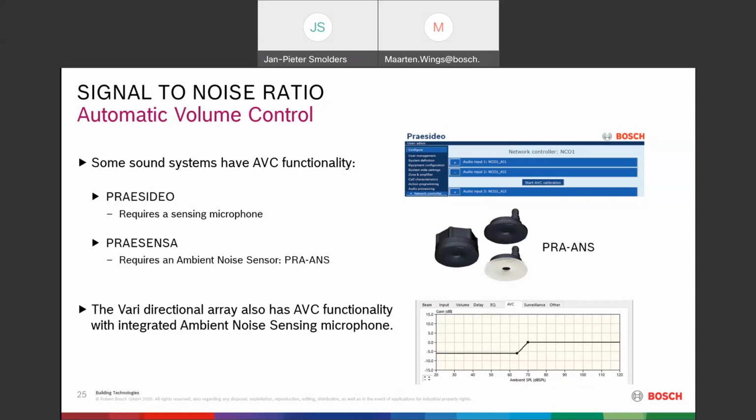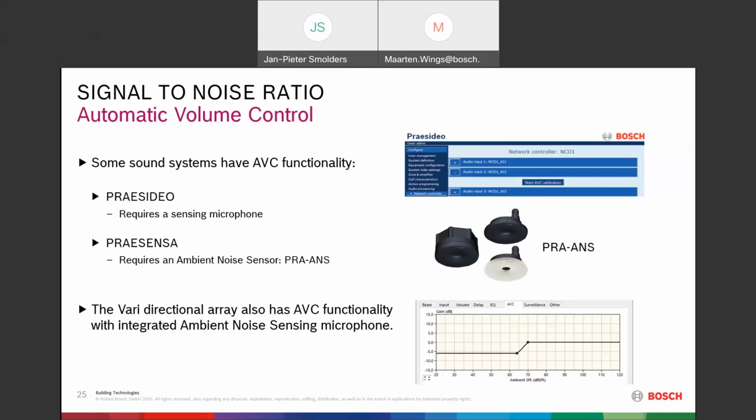Let's say you measure an ambient noise level of 70 dB. Now, if the ambient noise is increased with, for instance, 6 dB or something like that, then the volume of the loudspeaker will go up in order to stay above the noise floor.